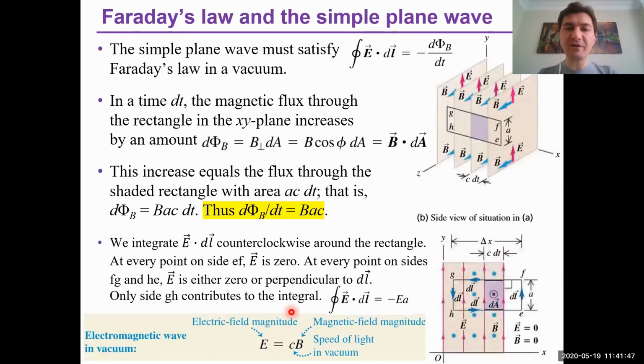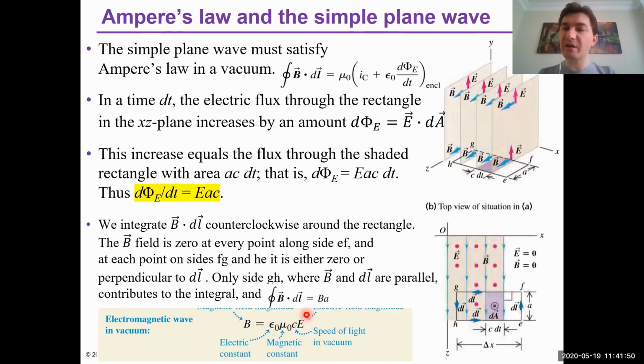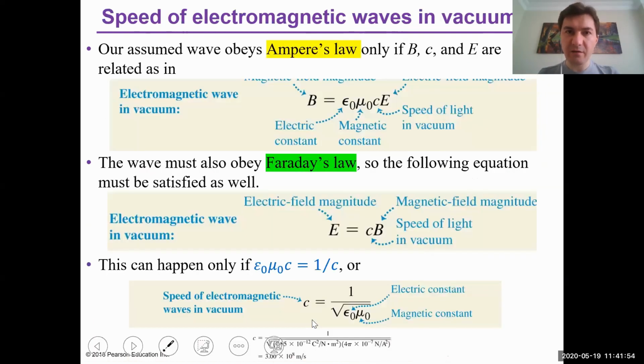By using Ampere's law, we got that expression. So they must be same, they should give the same result, right? Ampere's law gives this one, Faraday's law gives this one. Then they must be equal to each other, okay? So then I can say that this epsilon 0, mu 0 times C must be equal to 1 over C. Look at this one.